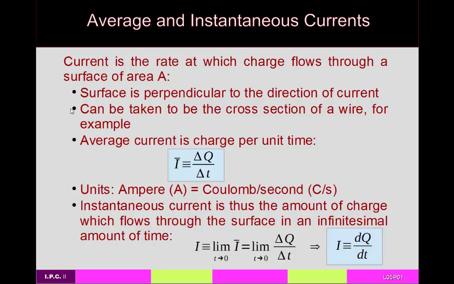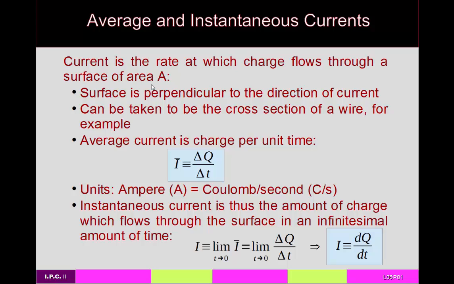So in the case of current flowing through a wire, as in a circuit, the surface should be perpendicular to the direction of the current, which largely means that it's going to be a cross section of the wire. So if the wire is thought of as a very, very long, very thin cylinder, then the easiest surface to deal with is probably the cross section that looks like a circle.